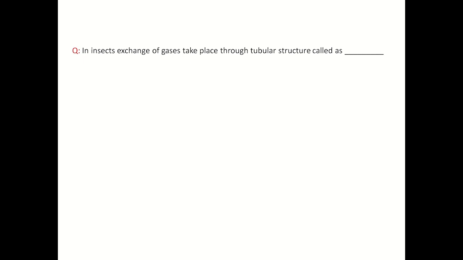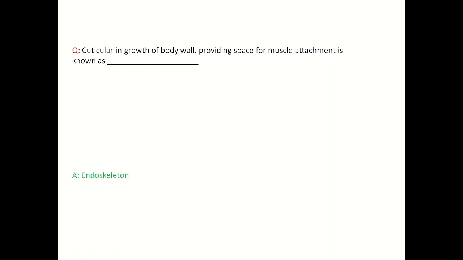In insects, exchange of gases takes place through tubular structures known as trachea. Cuticular ingrowth of body wall providing space for muscle attachment is known as endoskeleton. In insect head, epicranial suture is also known as line of weakness or ecdysial suture.